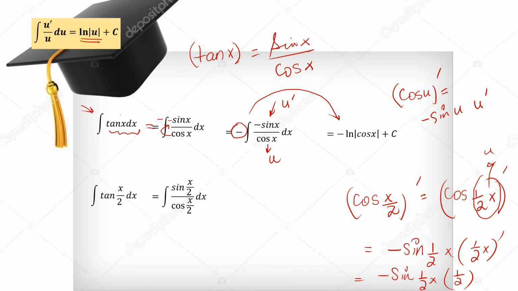So if you compare it with your question where you were supposed to do the integration, the derivative of cos x over 2 is negative sine half x times half. It means you don't have the negative in the question and you don't have the number half in the question.